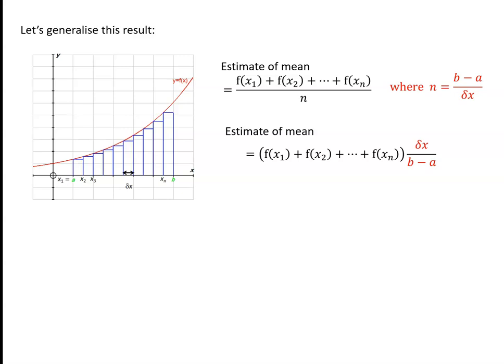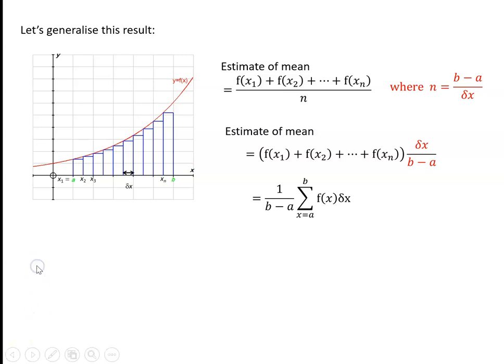Rather than dividing by b minus a over delta x, we're now timesing by delta x over b minus a, which of course is 1 over b minus a times by the sum between x equals a and x equals b of the f of x values times by delta x.